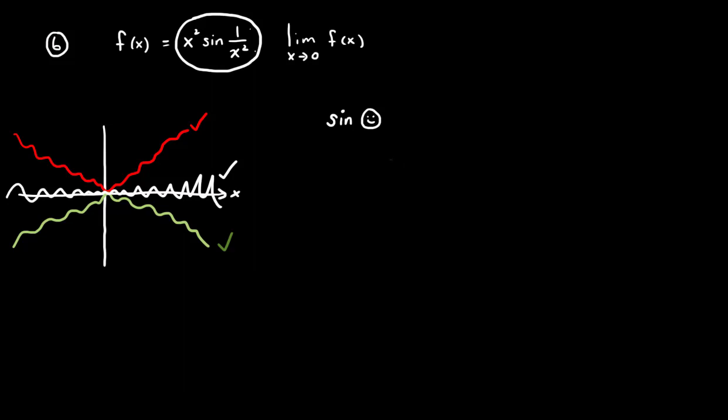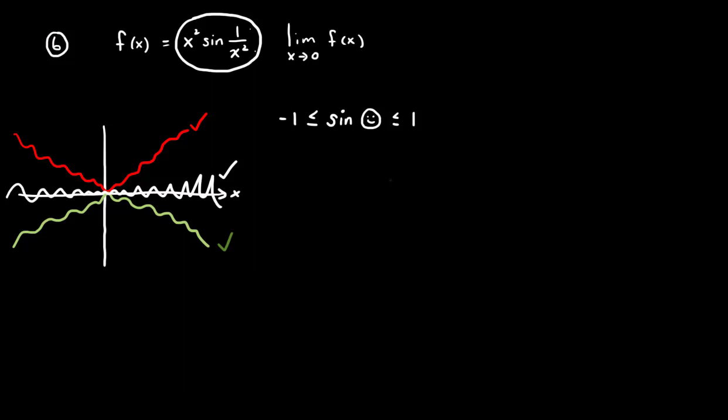Here's how the limit is found in the work that you would show. The sine of smiley face. Well, no matter what smiley face is, at the absolute biggest, we know that the sine is always less than or equal to 1. We also know that the sine of whatever is always bigger than or equal to -1.